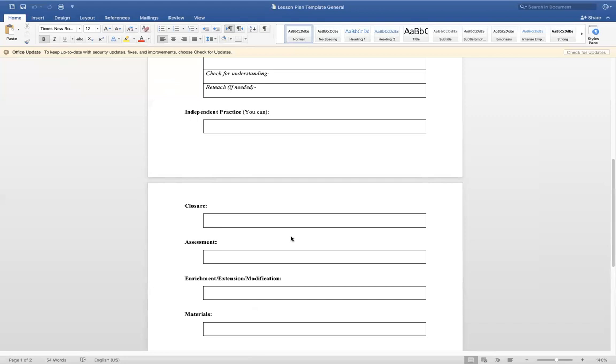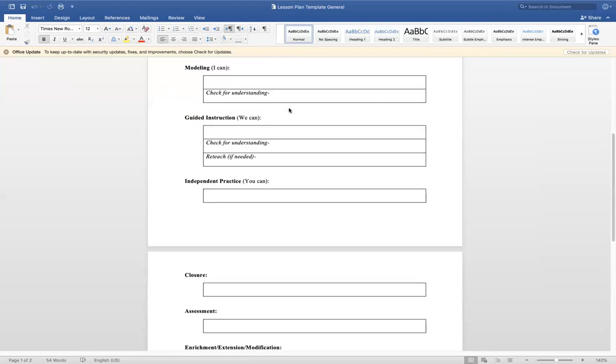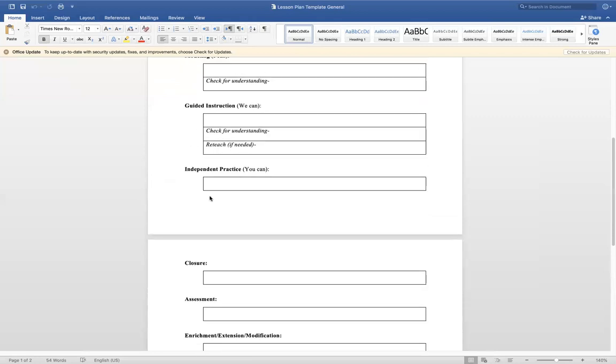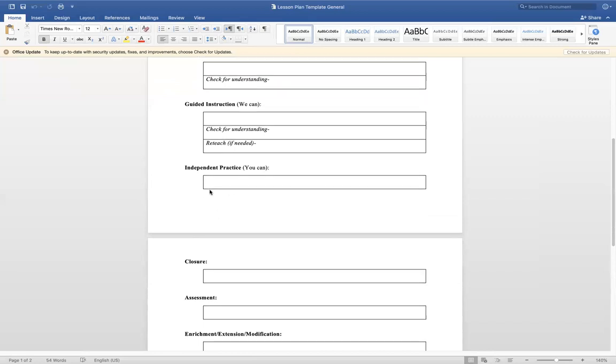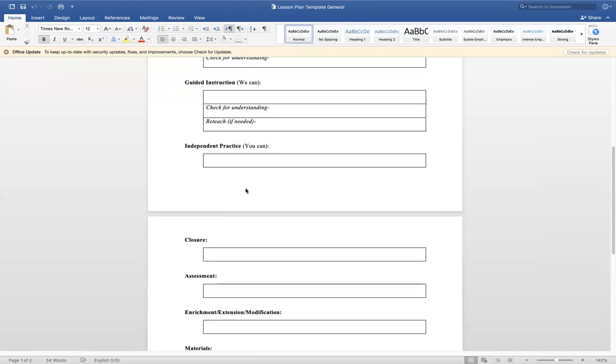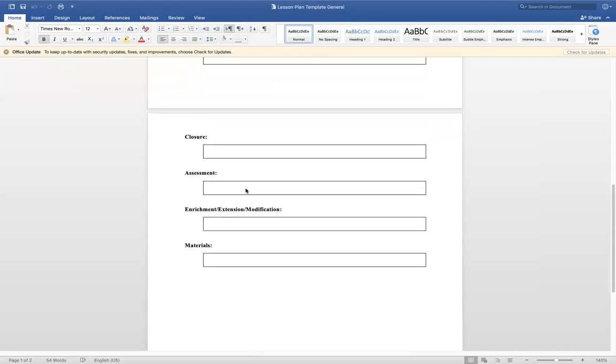We also have assessment. Now, as you see, there is a check for understanding under the modeling and guided instruction, and I think there should be one here, but it's not in this template. But you want to check for understanding. You want to go back and make sure that students are learning as you are teaching. But you also want to have a way of assessing overall learning, or summative assessment.